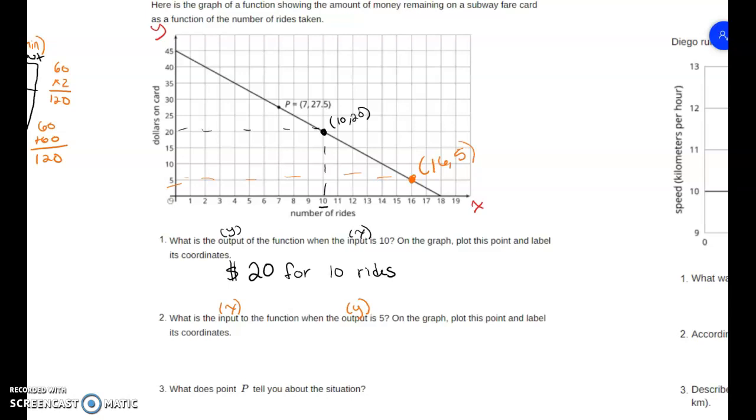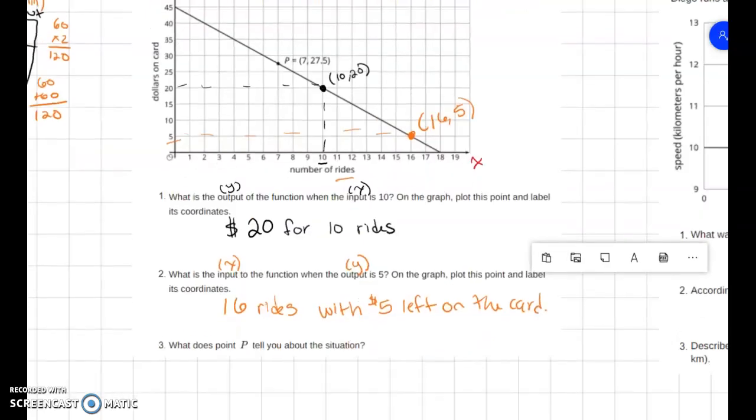My input is 16. Well, it's not dollars. It's 16 rides. 16 rides with $5 left on the card, because it says what is the remaining subway fee.